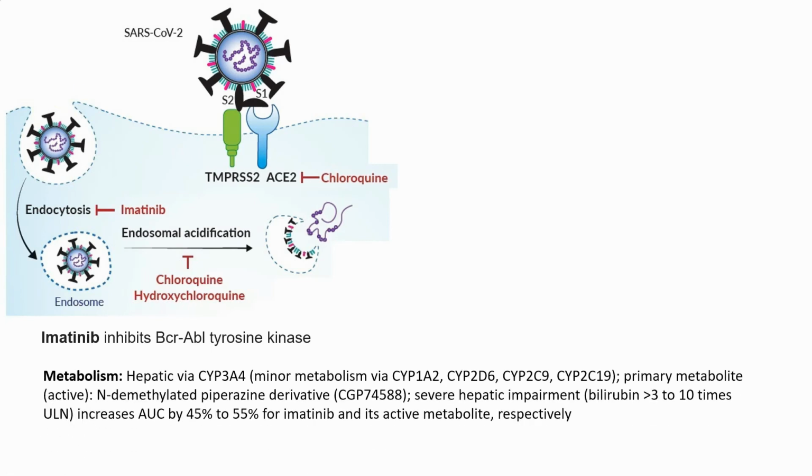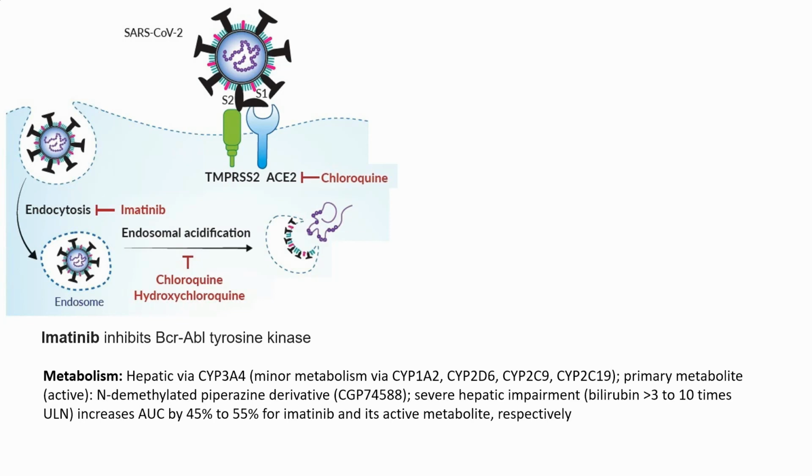This type of drug is mainly metabolized by the liver, by the famous enzyme CYP3A4, and partially by CYP1A2, CYP2D6, CYP2C9, and CYP2C19. The first problem is this one.